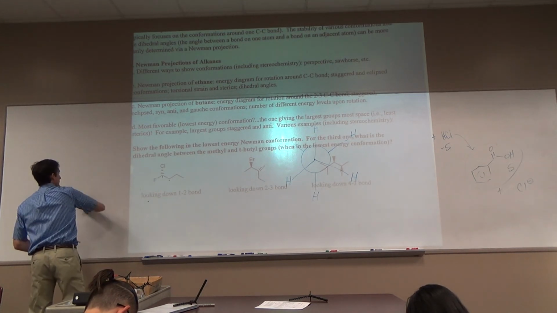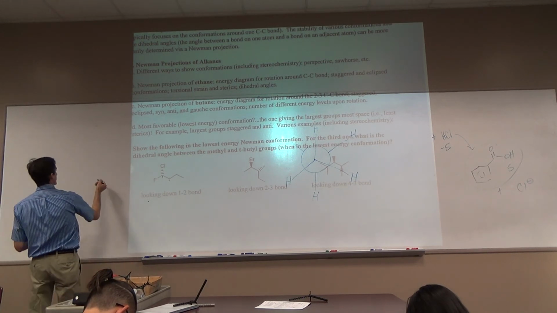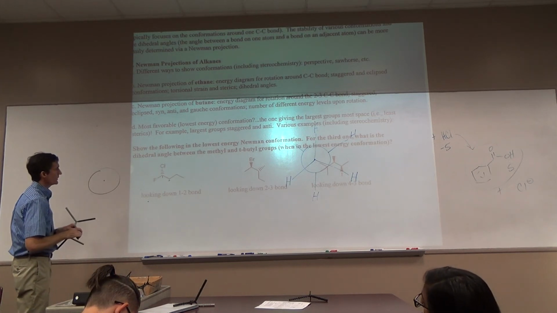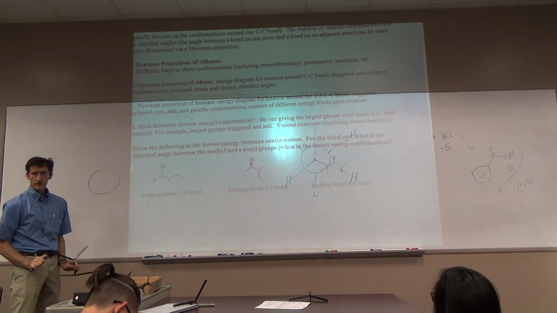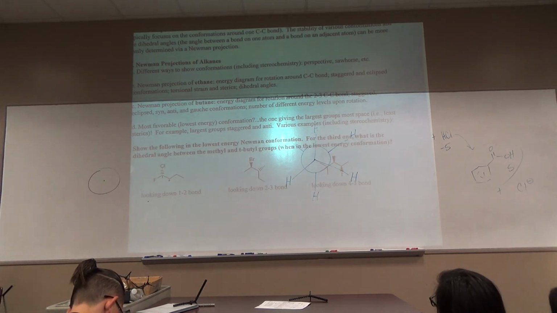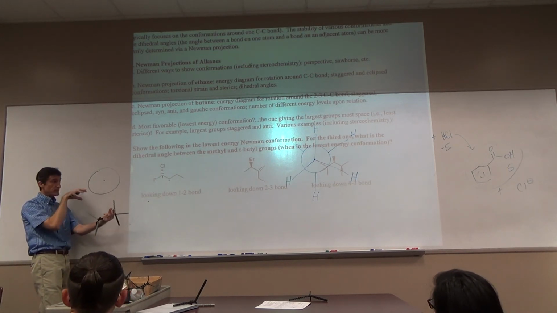Newman projection. All right, let me help you do the first one. You want circle, circle? Dot, dot, yeah? What do we see on carbon 1? Remember from the previous page how I stood over here, and there's actually some eyeballs on the previous page looking over here?